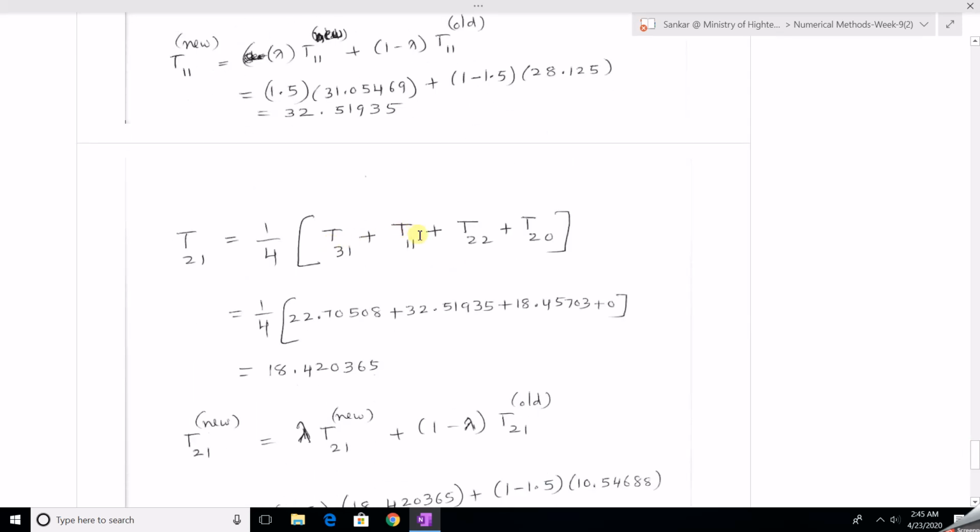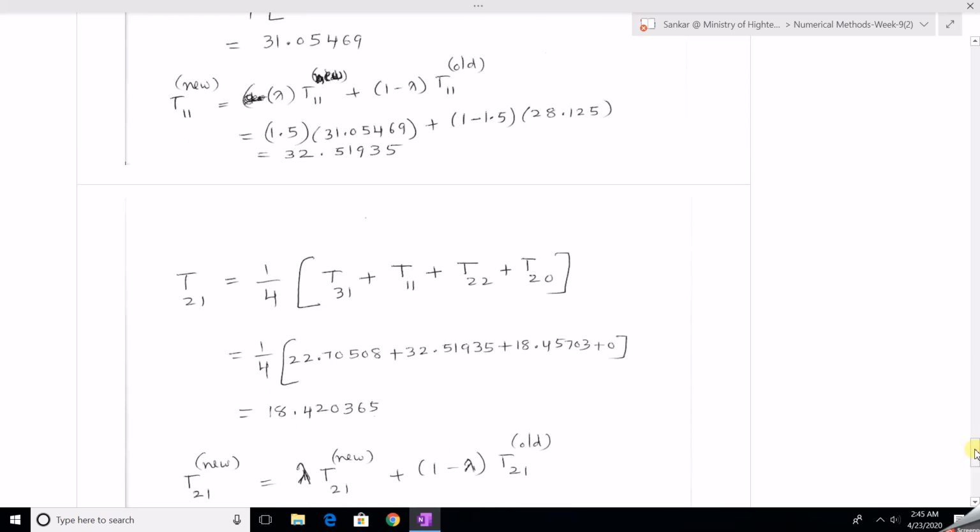Similarly, for T11 we use the latest one. So already we have the latest approximation of T11. We don't go for the first approximation because we already got the latest approximation of T11. So this is the one difference you have to observe.